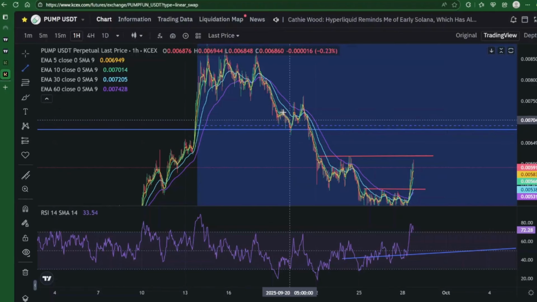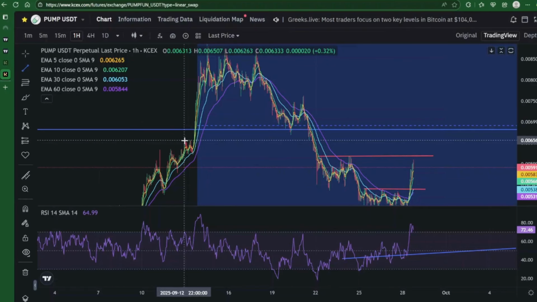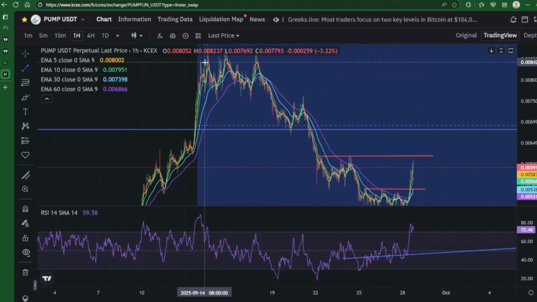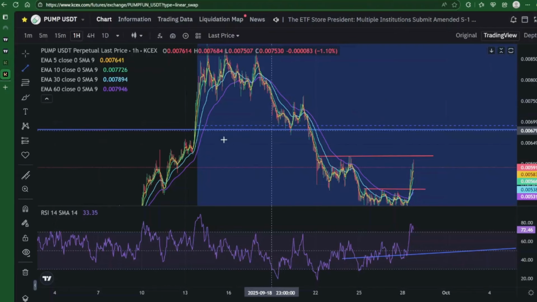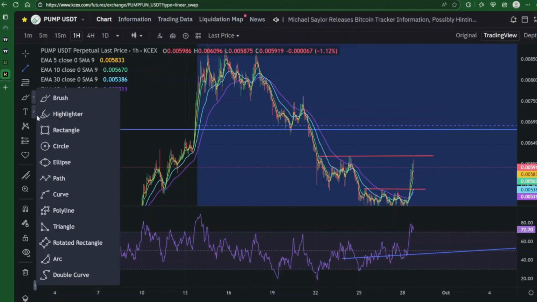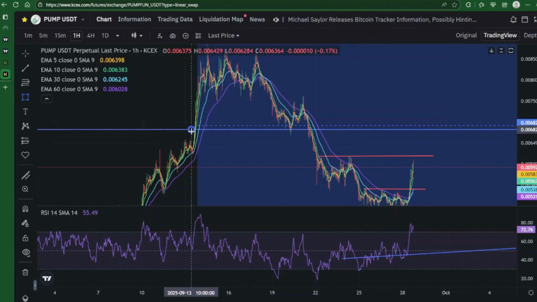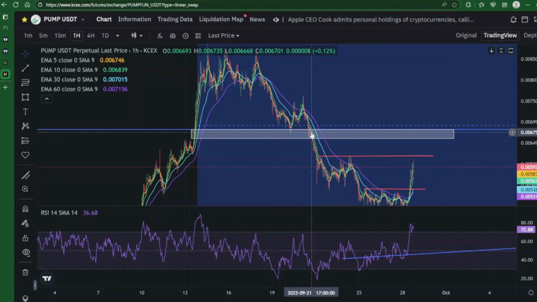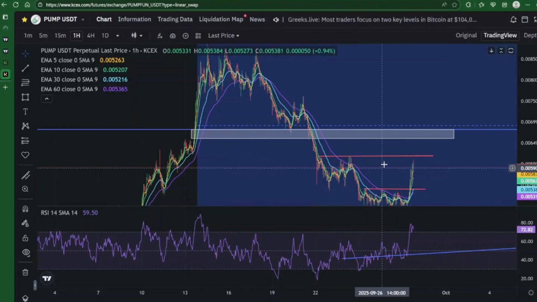So this right here, this was a previous resistance level, flipped it, peaked, came down and tested this area. Let's make it a box rather than one definite line. Just call that the area of resistance. Okay, so this white rectangle is going to be our next level of resistance. It was previously support.